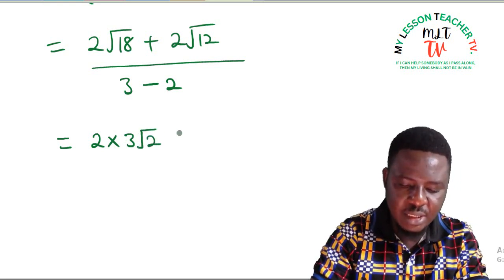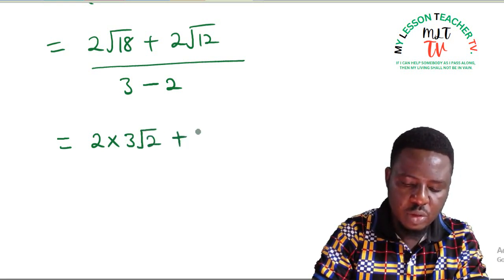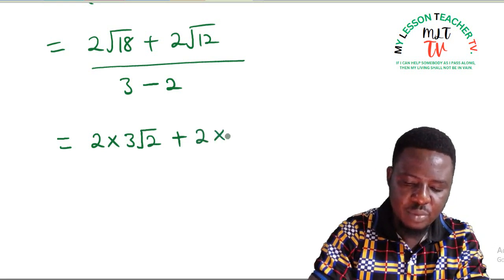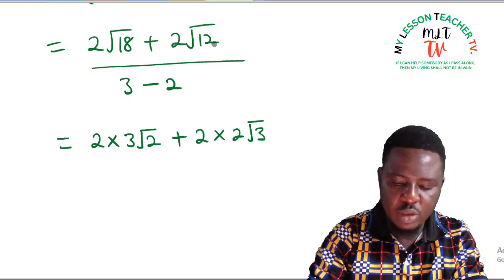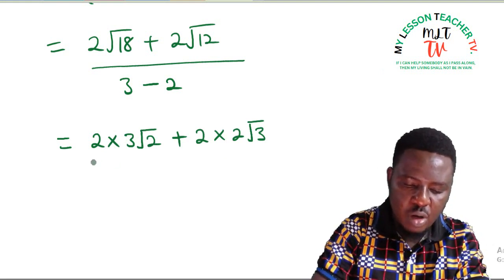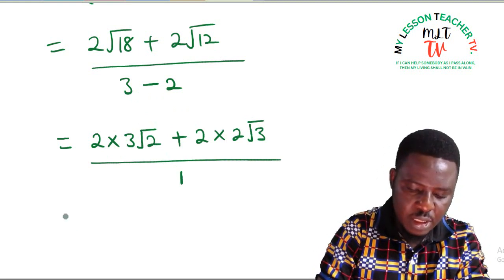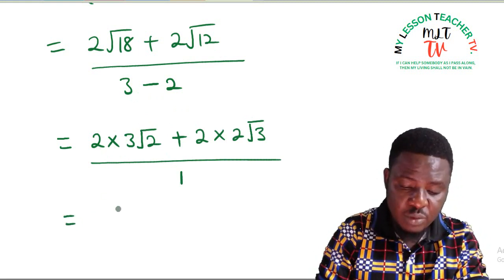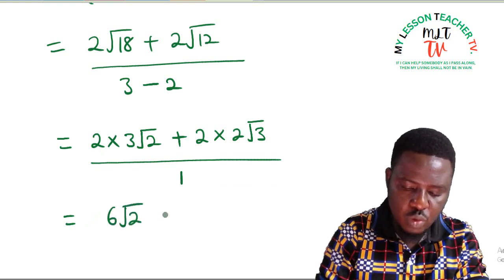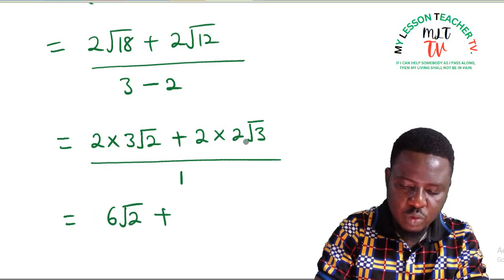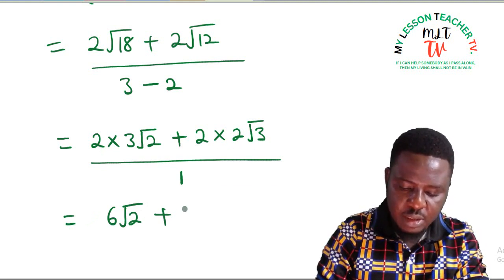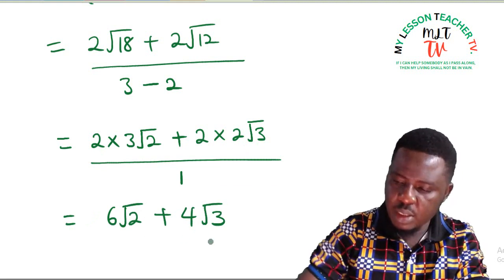I have simplified root 18 plus 2 times 2 root 3. I've equally done the same to root 12, all divided by 3 minus 2, which is 1. This is equal to 2 times 3 root 2, which is 6 root 2, plus 2 times 2 root 3, which is 4 root 3, over 1.